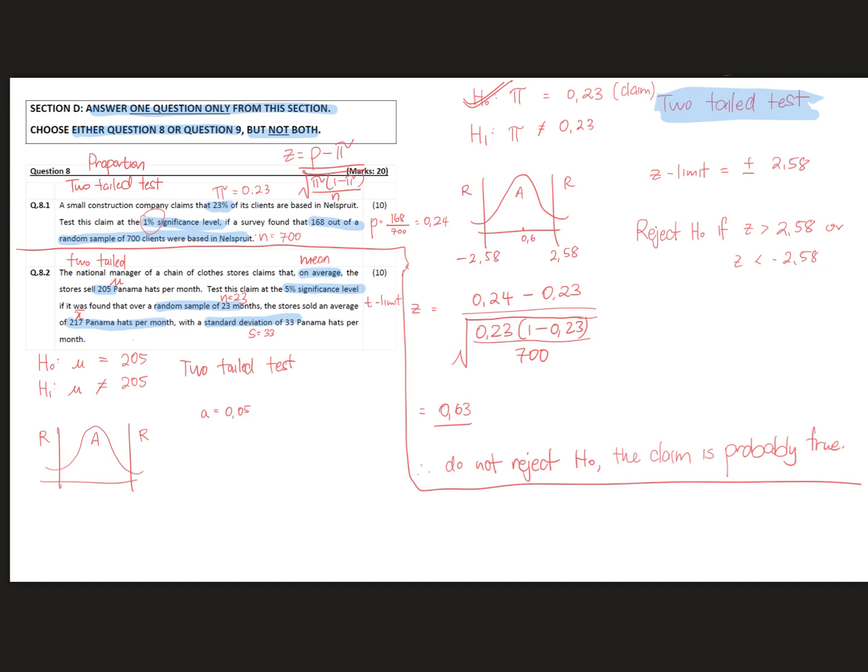And the other thing we need is your degrees of freedom. Because we're working with a T limit, we need alpha and we need the degrees of freedom. So the degrees of freedom is calculated as N minus 1. And N, as we know, is 23. So minus 1, that gives you 22. And now you're going to go to table 2 of your appendix.